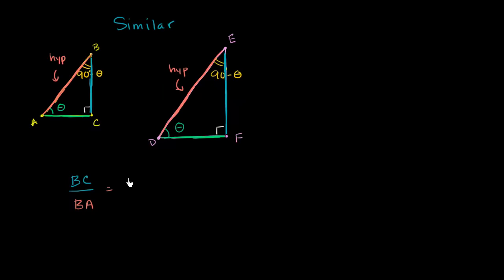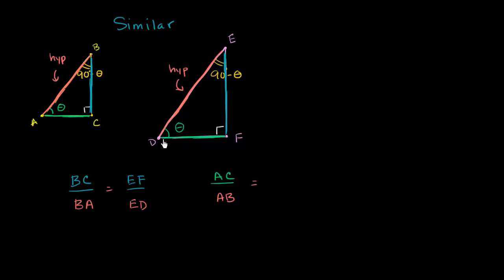The length of segment EF over the length of segment ED. Or we could also write that the length of segment AC, so AC over this triangle's hypotenuse, over AB, is equal to DF over DE.